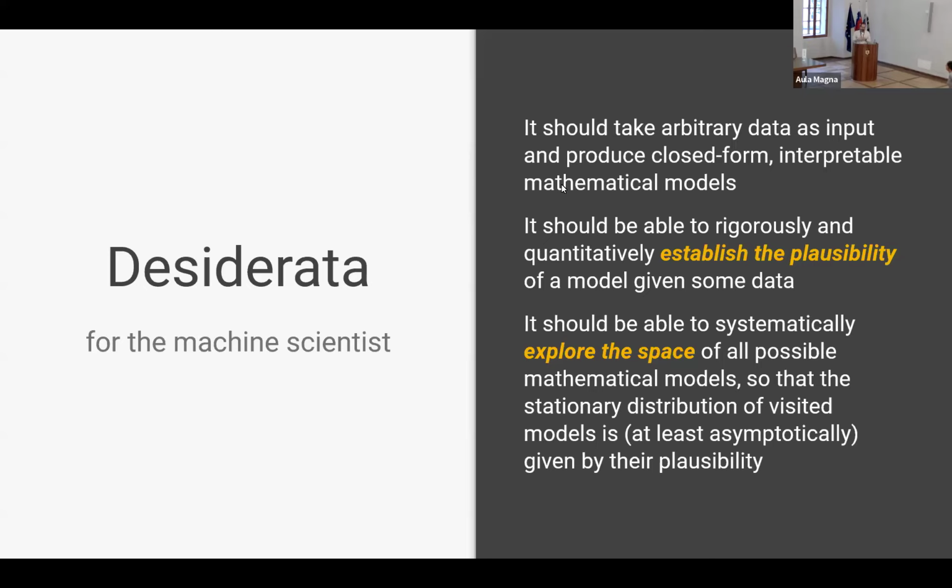Rather than proposing a heuristic here as well, what we want to do is to propose something that is well grounded on mathematics, and in particular, as you will see, in probability theory. So these are the conditions that we impose on our machine scientists. And although I don't have time to go into the details of each particular symbolic regression approach, I claim that these are not very common, to say the least, properties in symbolic regression, okay?